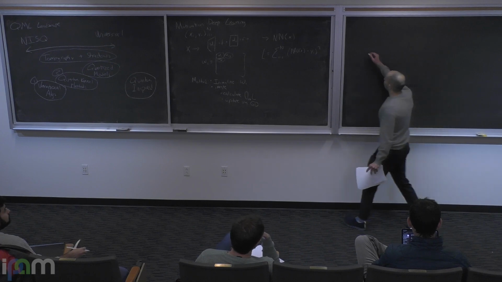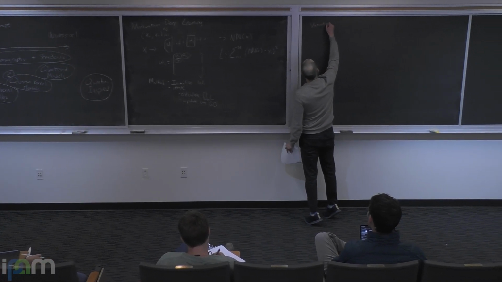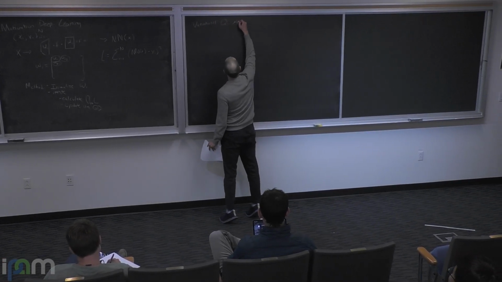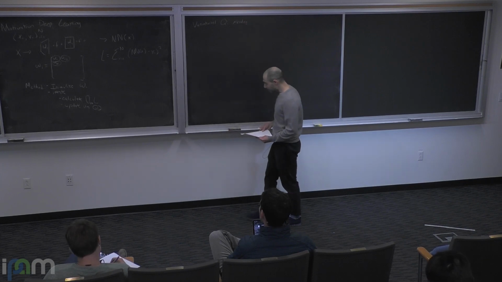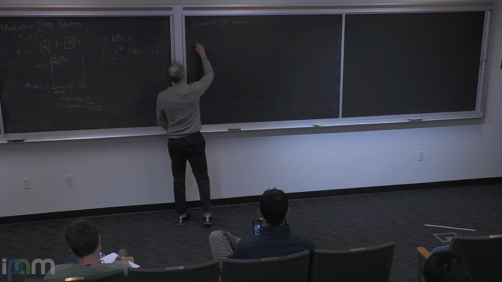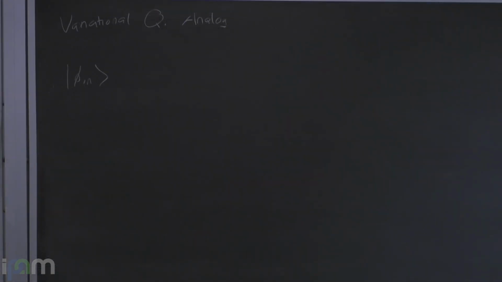Okay. Let's look at the analog. The variational quantum analog. In this case, we have some input state. And basically what we do is we replace this with some circuit that we have parameters on, and we can vary the parameters.